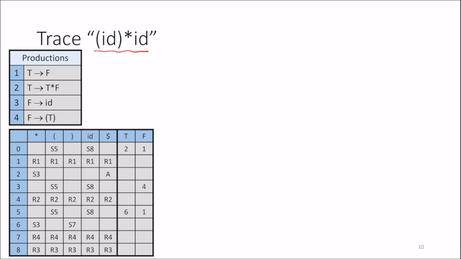So at this point, we know that all I need to do is remember all the reduce actions in order to build a parse tree. So if I have a sequence of shift and reduce actions that get me to this accept state, then I know that I can build a parse tree. So we won't actually build a parse tree. We just need to make sure that we have a sequence of shift and reduce actions.